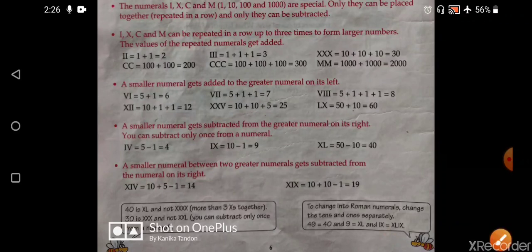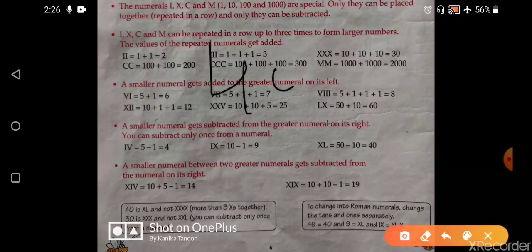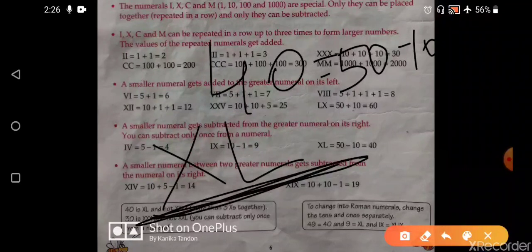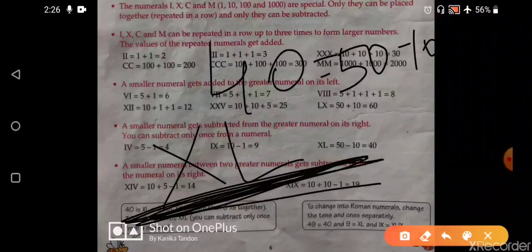When we are writing 40, it is equal to 50 minus 10. So how is 10 written? X. And how is 50 written? L. So XL. This is how we measure our shirts.